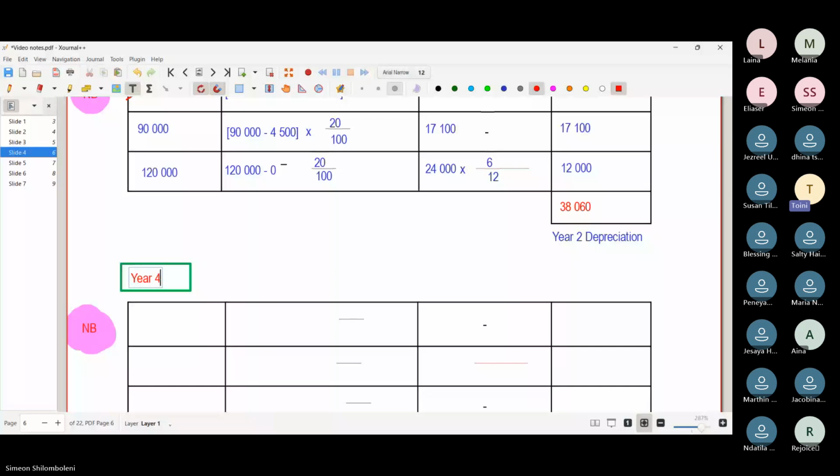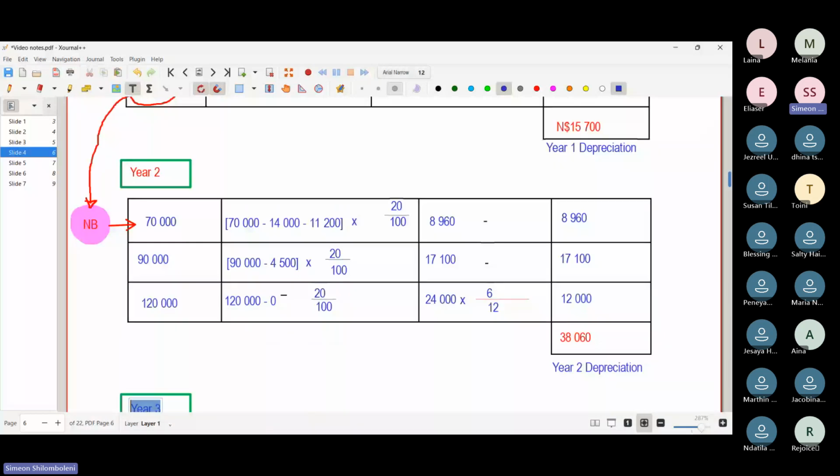The balance brought down. Good. Now in this case, it's not only the balance brought down, but everything that was in year 2, we have seen from the financial table that it was not sold. So everything needs to come to year 3.